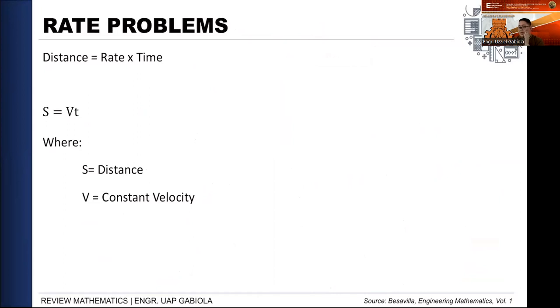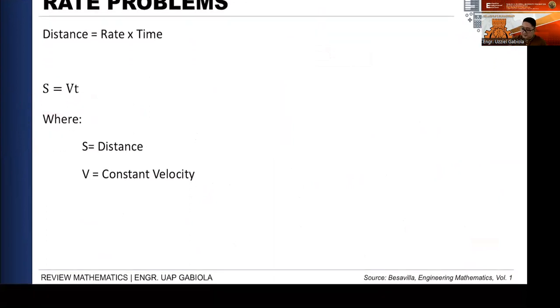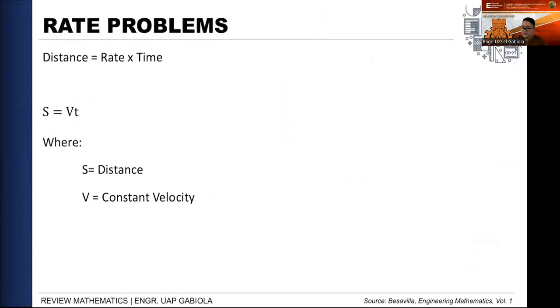So kung yan yung formula natin, ito yung representation niya, S is equals to V times T. So pwedeng T is equals to S over V, or yung velocity natin, o yung rate, so rate natin is equals sa distance over time natin. Wherein sa distance, ang unit niya is in meters, yung base unit niya, and si time, ang base unit niya ay seconds. Okay?